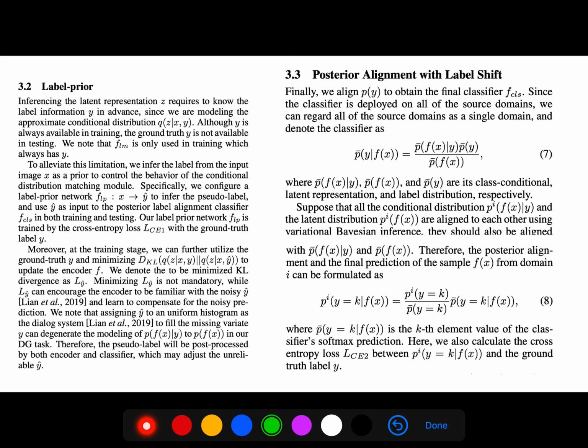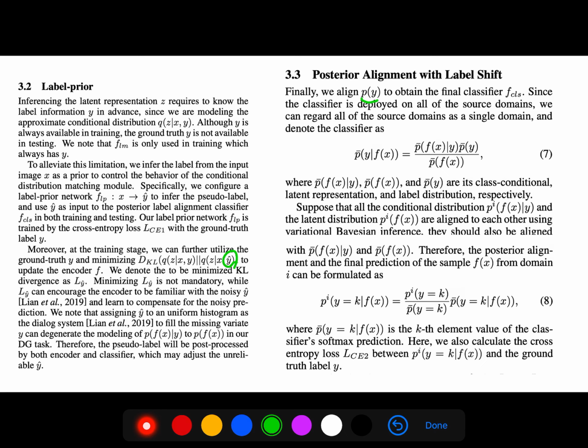Specifically, we configure the label prior network to infer the pseudo label and use y hat as input to the posterior label alignment classifier in both training and testing. Moreover, at the training stage, we can further utilize the ground truth y and minimize the KL divergence between Q of z conditioned on x and y and conditioned on x and y hat to update the encoder.